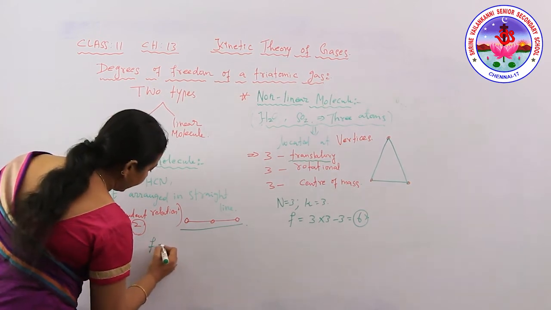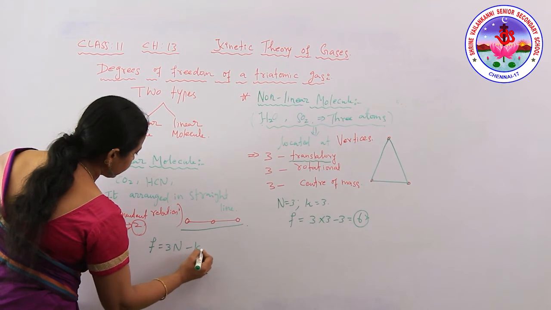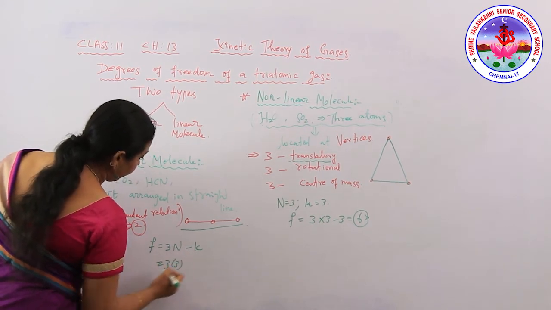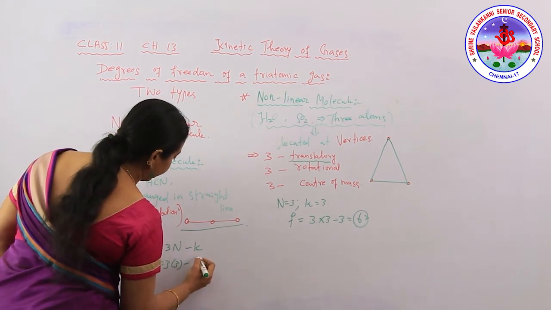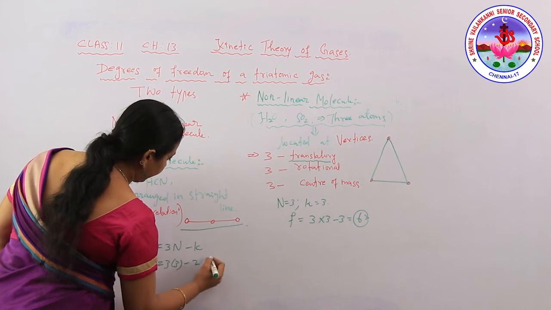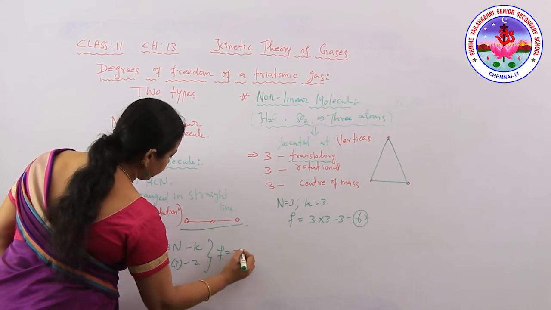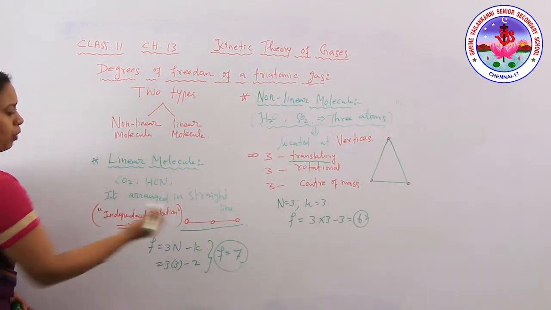Then f, the degrees of freedom, equals 3n minus k, so 3 into 3 minus 2, since the independent relation is 2. Then we will get f equal to 7. Right, so this is for the linear molecules.